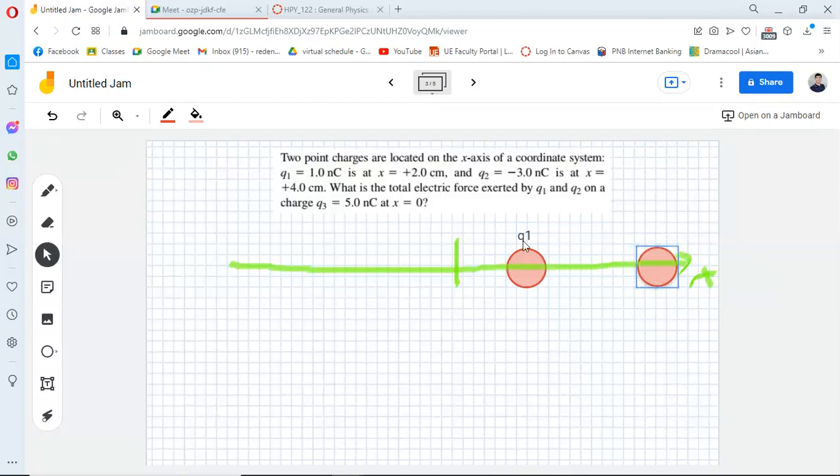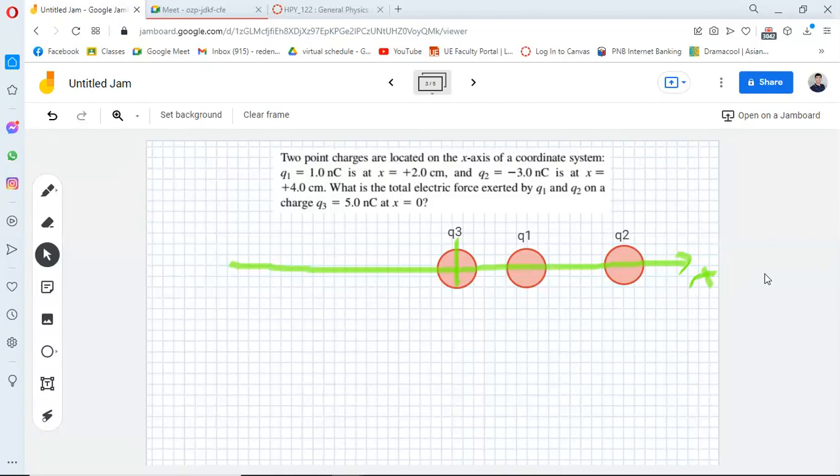So, 1, 2, 3, 4. Sabihin natin nandiyan siya. Yan. So, ito ang ating 2. Tama, no? Then, ating Q2. Tapos, meron daw Q3 na nasa x is equal to 0. Okay. So, duplicate natin. Ibig sabihin siya ay nasa origin. Okay. So, ito yung ating Q3.